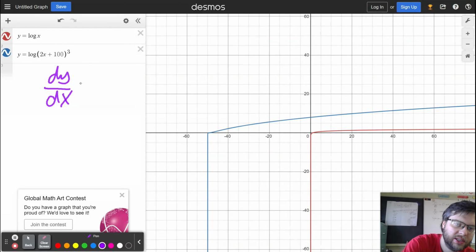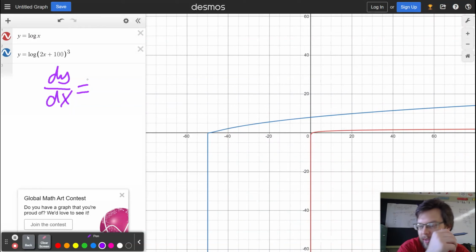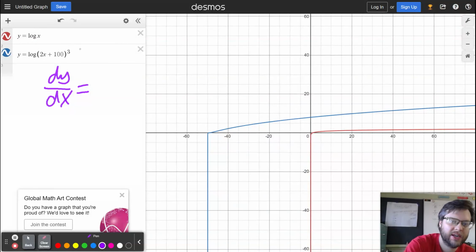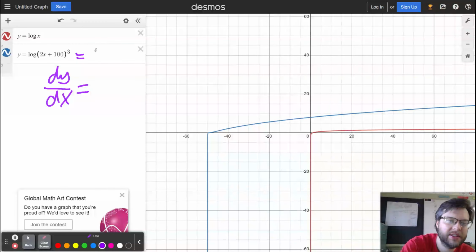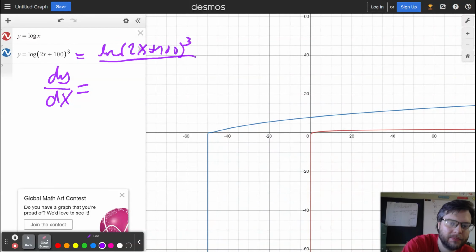And when you take the derivative of a logarithm, it's useful to first write it in terms of natural log because natural log has a 1 over x derivative. So I'm going to write this as natural log of the input divided by natural log of the base.